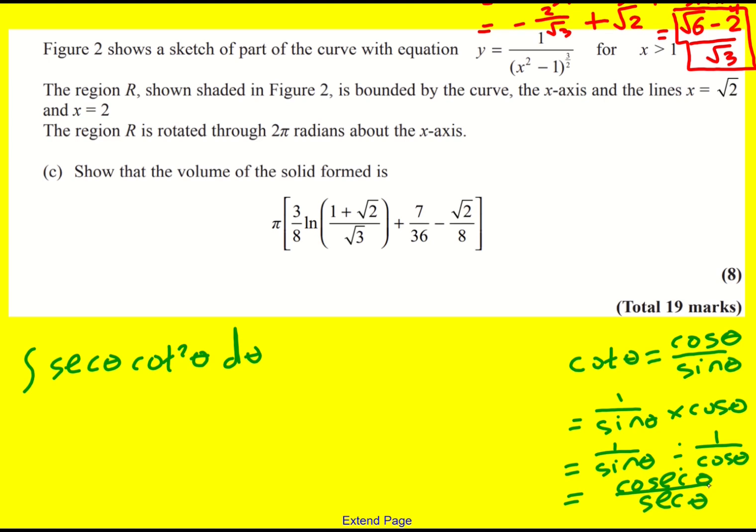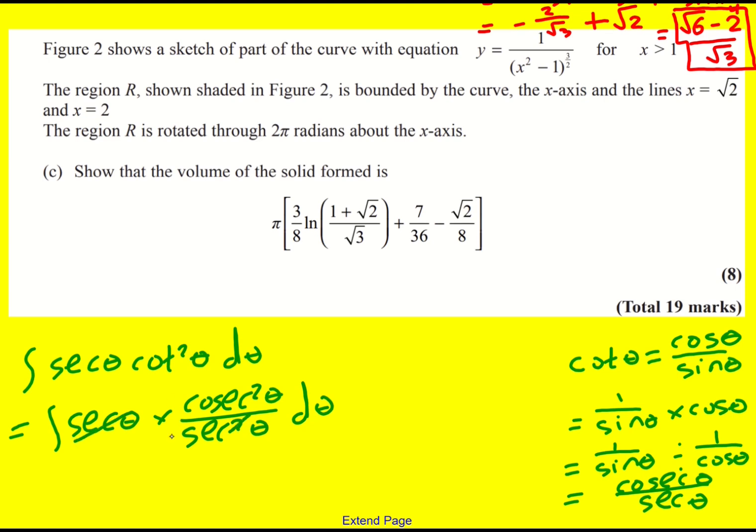Do you know what? Before this question, I'd never actually written all that before. But what that means is that this integral is going to be sec theta times cosec squared theta over sec squared theta d theta.